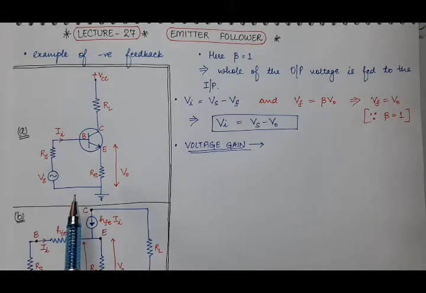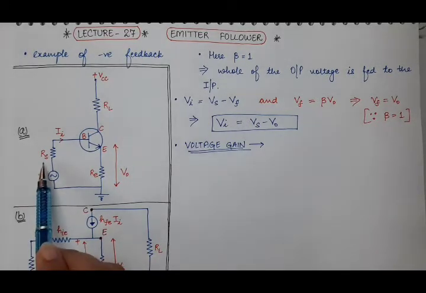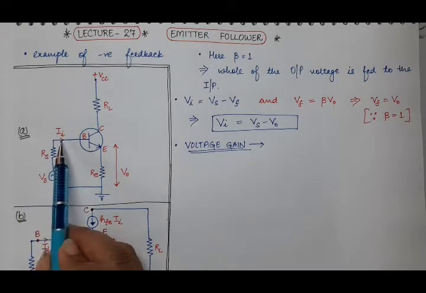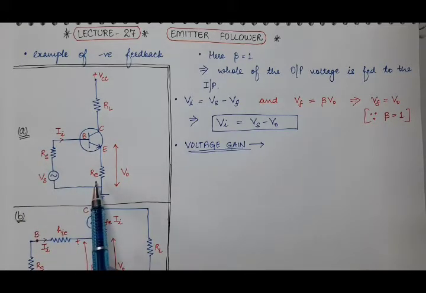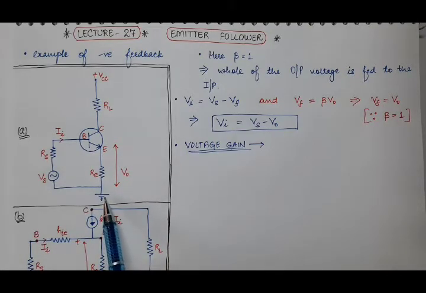So here we have a circuit of an emitter follower where we have used an NPN transistor. Vs is the input signal voltage, Rs is the input resistance, Ii is the input current, and Re is the resistance connected between the emitter and the ground terminal.